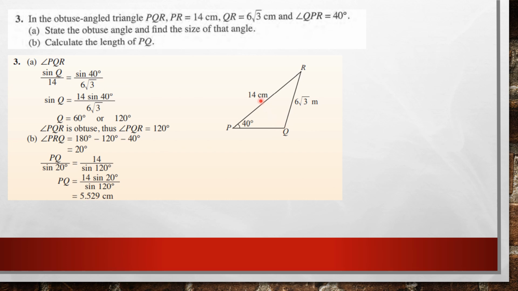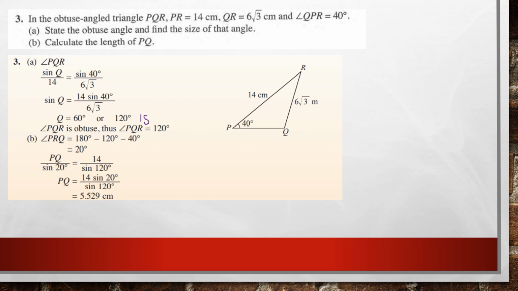We know the opposite length is 14. So sine Q over 14 equals the other pair that we know, sine 40 over 6 square root 3. So we solve this, we get Q equal to the reference angle, which is 60. But since they ask for the obtuse angle, you get it in the second quadrant.